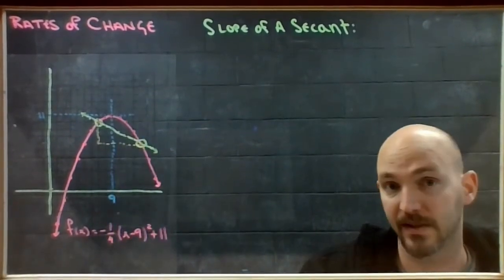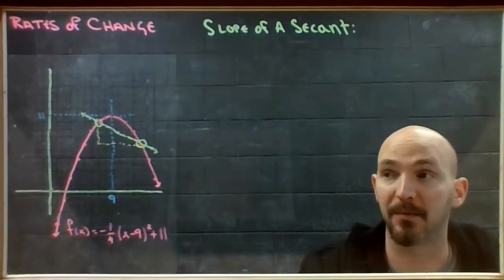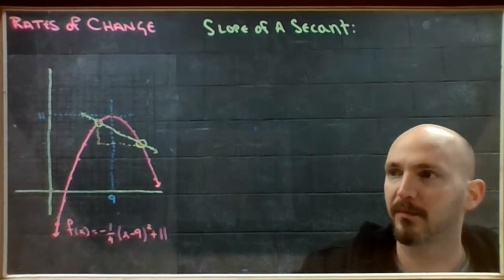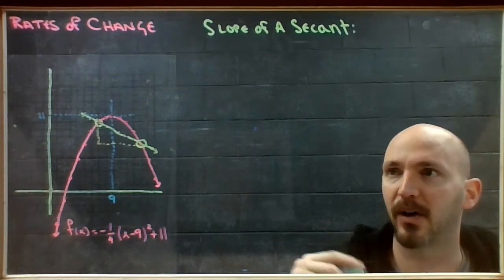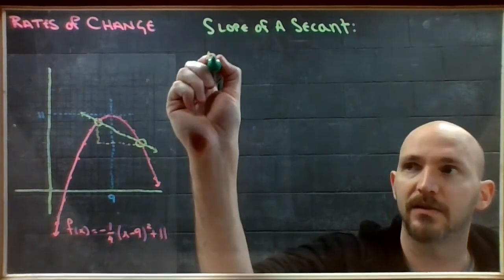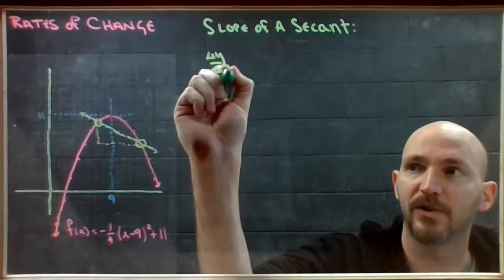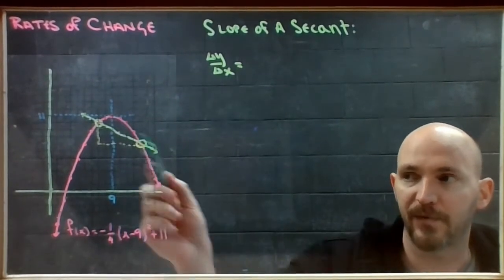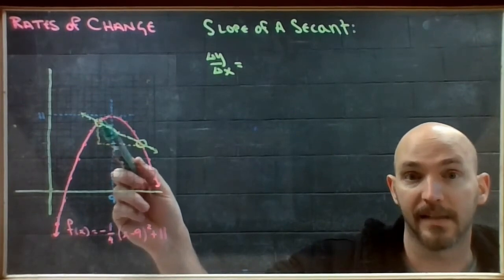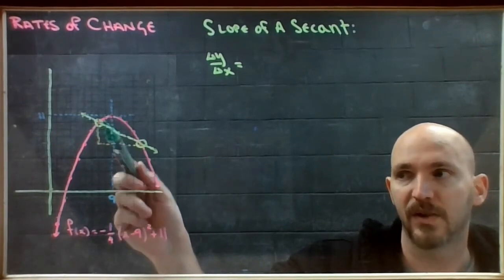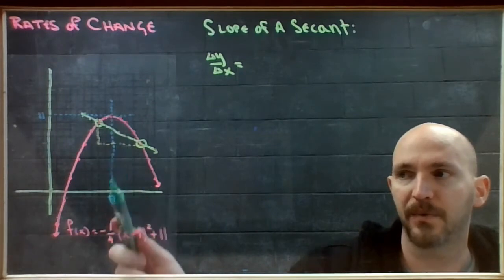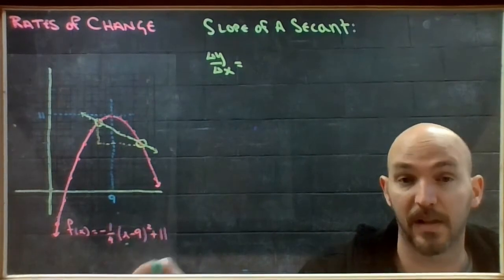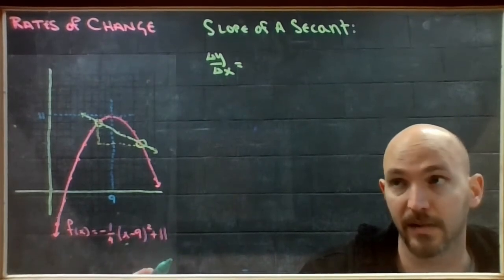Now I could just count those because I happen to pick convenient places. But if I were to try and do this algebraically, the slope, change in y over change in x, I'm going to have to figure out how high this is, first off. So to figure out how far up you go on a function, you just need to take the x value and plunk it in for x and do some calculating.